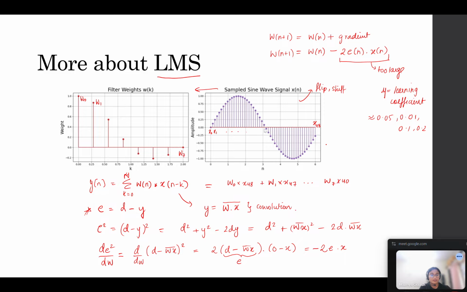So the n plus 1 filter weight is the nth filter weight minus 2 mu e of n into x of n, which gives us the algorithm for the LMS filter weight. And this repeats n times.